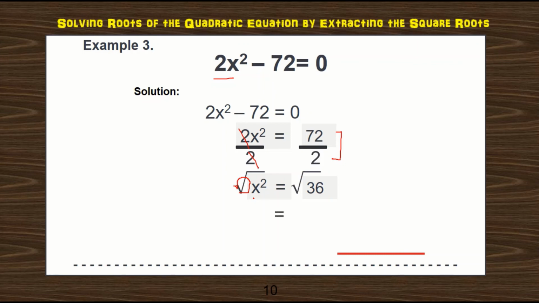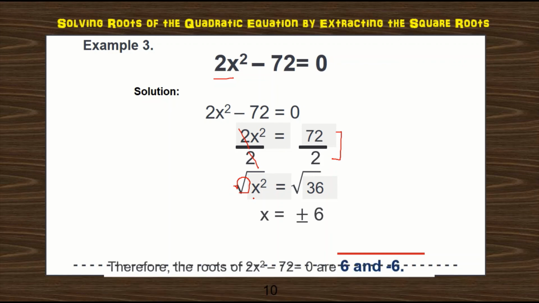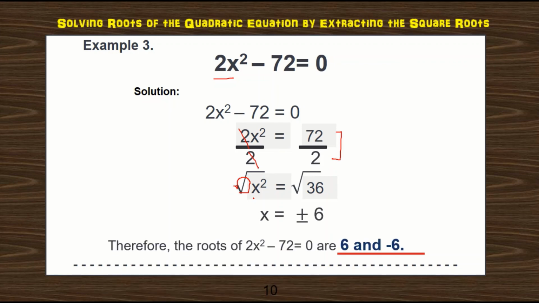And simplifying further, so x is equal to positive and negative 6. So therefore, the roots of the given quadratic equation 2x squared minus 72 equals 0 are 6 and negative 6.